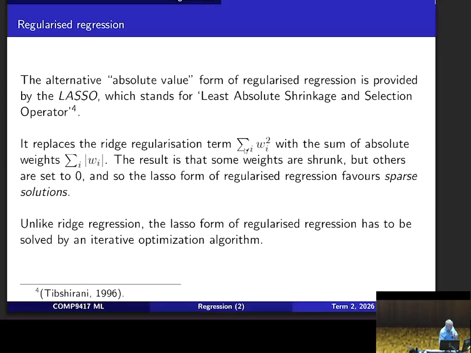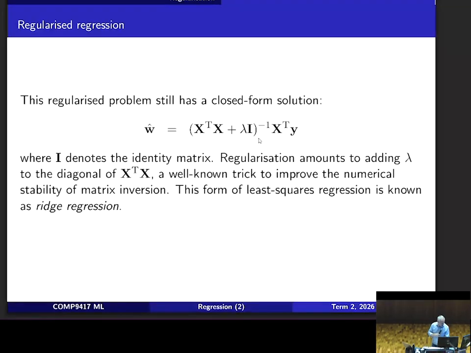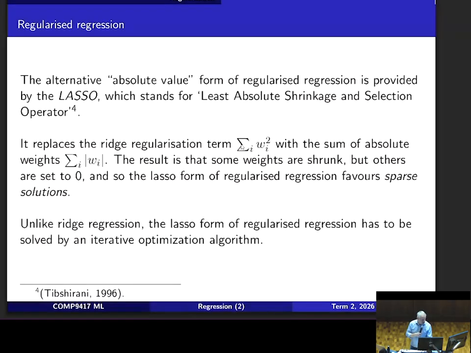Now, the L2 version, or the 2-norm version, has an exact solution, just like the normal equations of linear regression. That's another reason why the 2-norm version is more classic and more widely used. But if you use the absolute value term, you end up with something called lasso, and you do not have a closed form version of that.